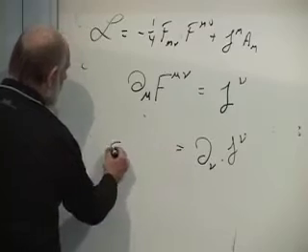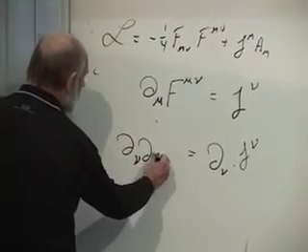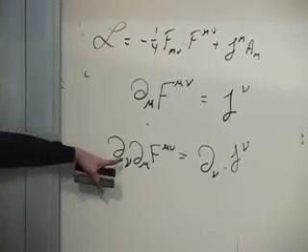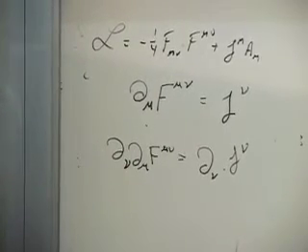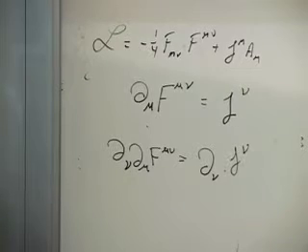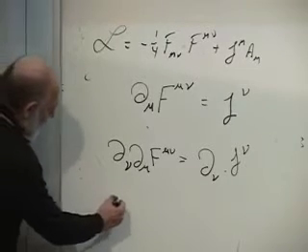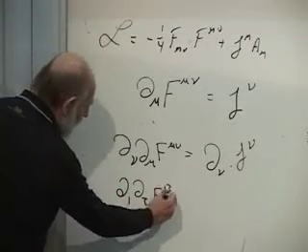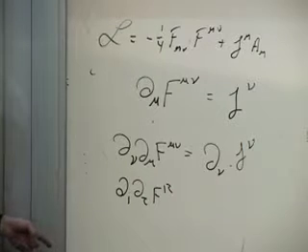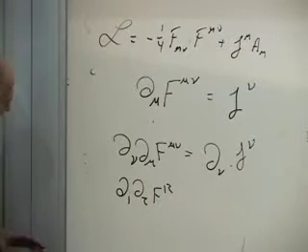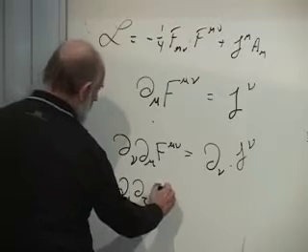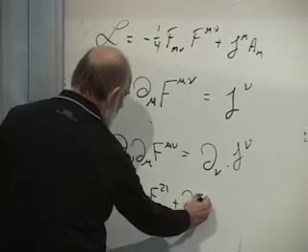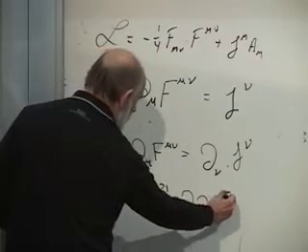Well, it's equal to d nu d mu F mu nu. How about this? What is this? 0. 0, because it contains things like d1, d2, F21, but it also contains d2, d1, F12.